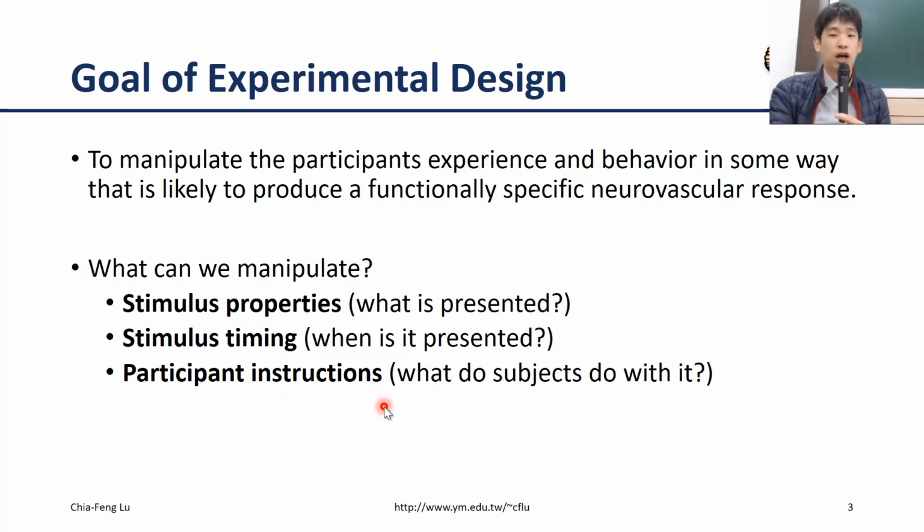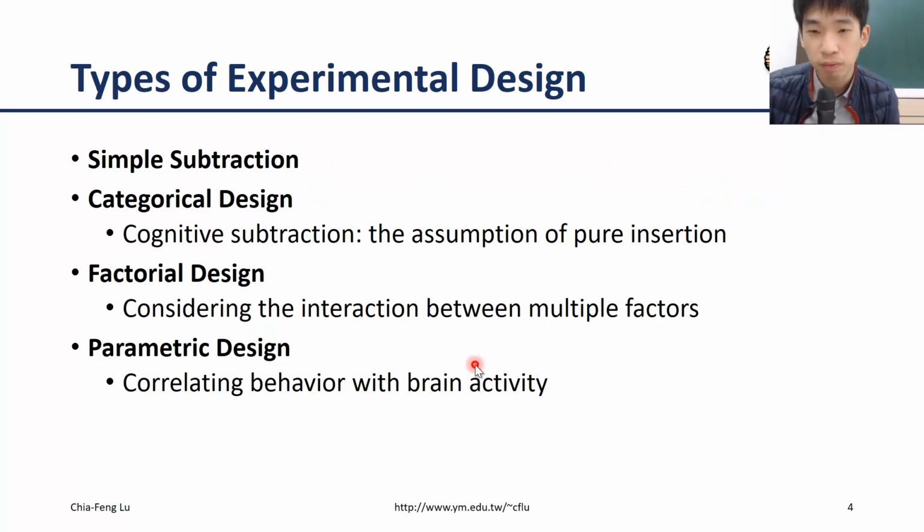Before you start the fMRI imaging, you need to remember to train your participant, or to ensure that your participant fully understands what he or she is going to do during the scan. So the instruction is also very important: what do subjects do during the fMRI imaging?